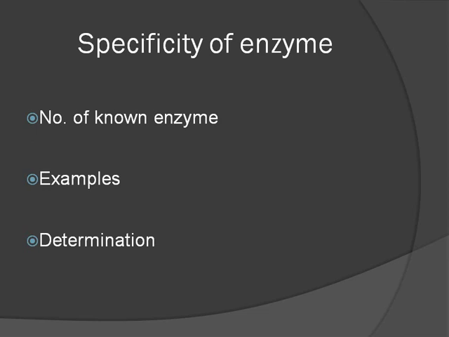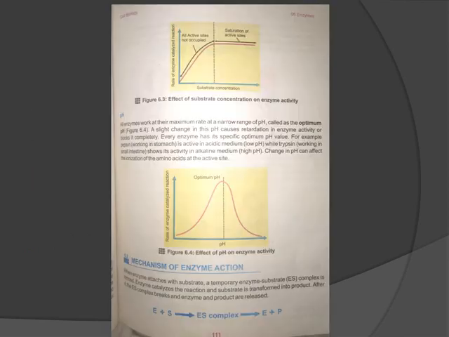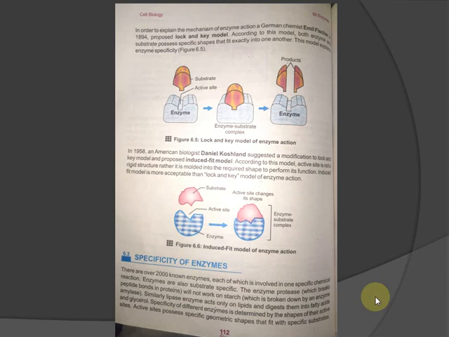Now come to the book pages. Mechanism of enzyme action is shown. First of all, we have discussed the equation of enzyme action and the whole procedure. Then we have the first paragraph, that is the lock and key model.